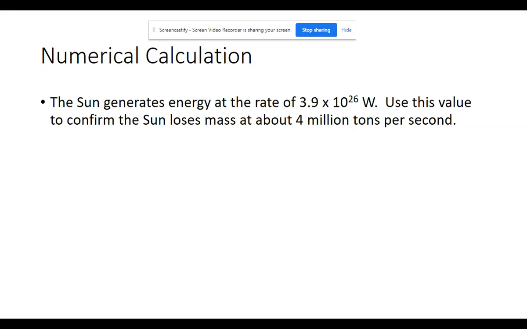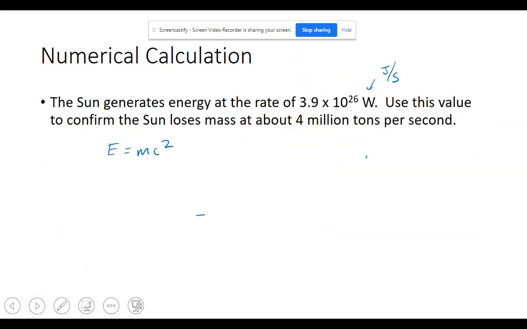The sun generates energy at a rate of 3.9 times 10 to the 26 watts. Use this value to confirm the sun loses mass at about 4 million tons per second. So real quick, all we have to do is use our E equals mc squared. We know watts are joules per second, so we can just use this number for our energy.